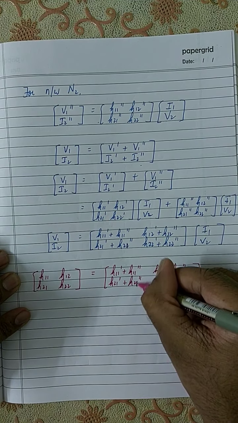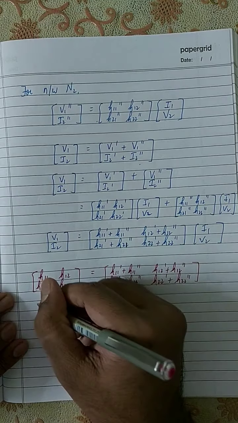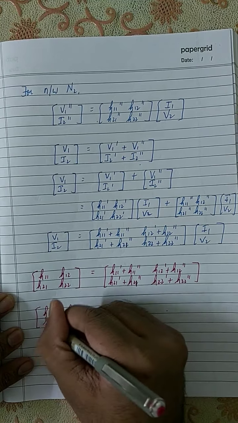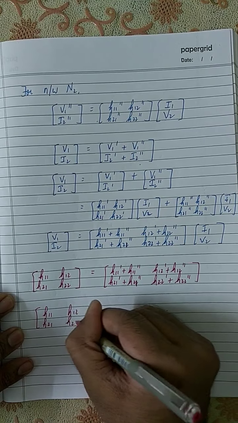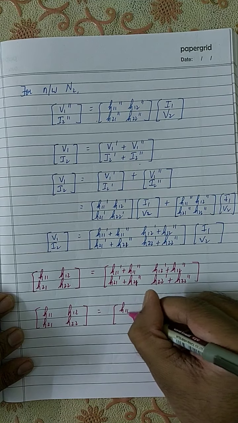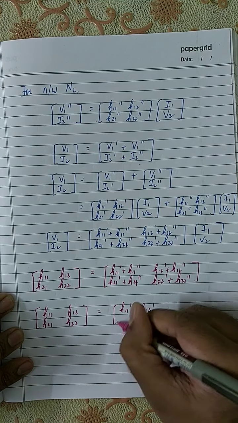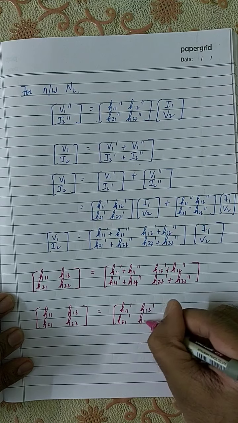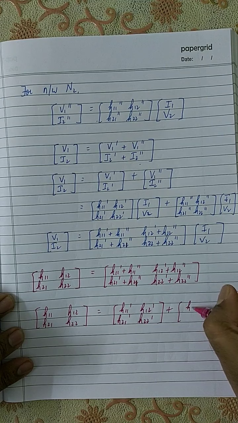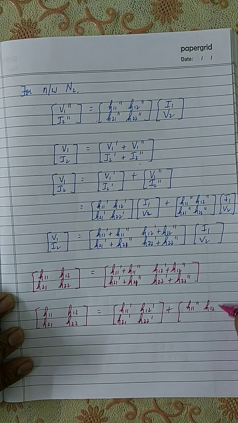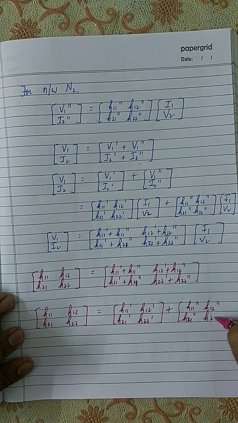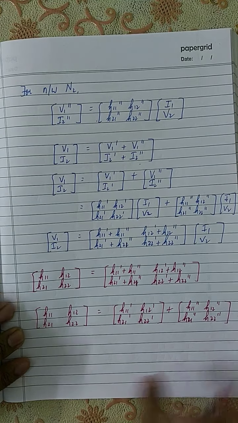Oh, here it is H21, I'm always making a mistake. Or we can say that [H11, H12; H21, H22] is equal to the sum of the individual matrices, that is [H11 dash, H12 dash; H21 dash, H22 dash] plus [H11 double dash, H12 double dash; H21 double dash, H22 double dash].